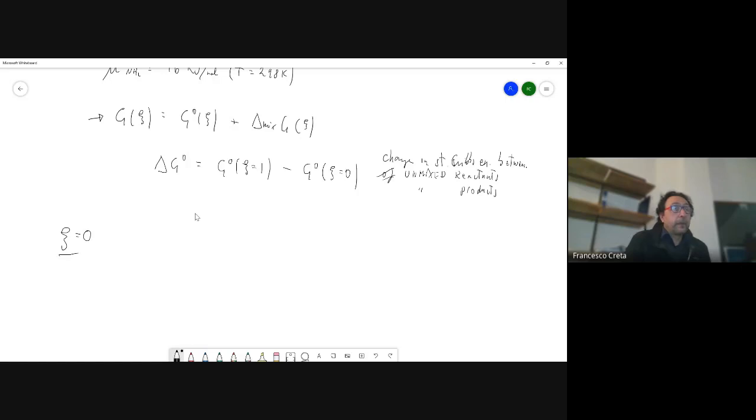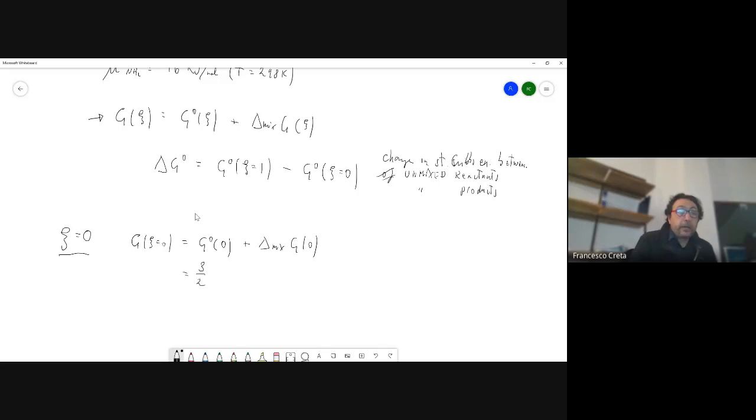When the reaction is all shifted towards the left, towards the reactants, G of psi equals 0 is equal to the standard state of the unmixed reactants, G00, plus delta mix G0, okay? So it has two terms. G00 is essentially the summation of the number of moles times the mu 0.